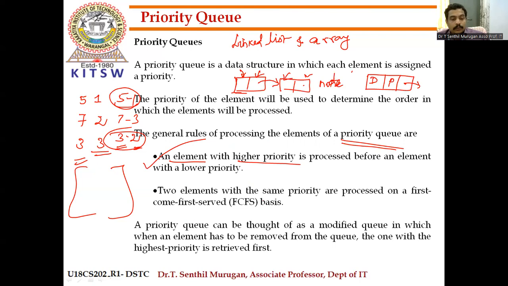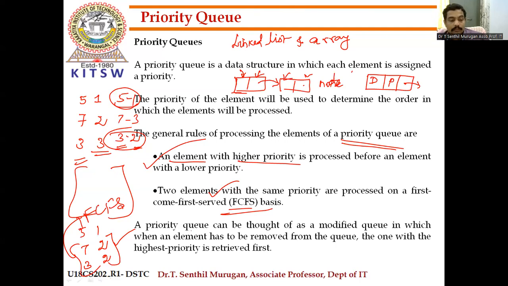If two elements have the same priority, for example 5 with priority 1, 7 with priority 2, and 3 with priority 2, here 7 and 3 have the same priority. If we get the same priority, we will follow the first come first serve basis, FCFS, as they are saying here.